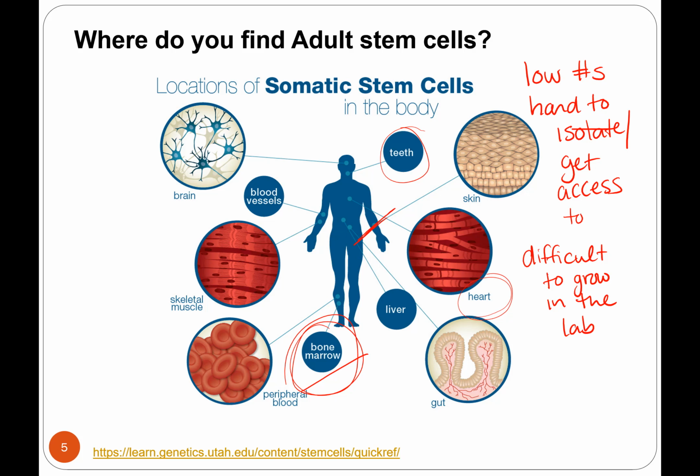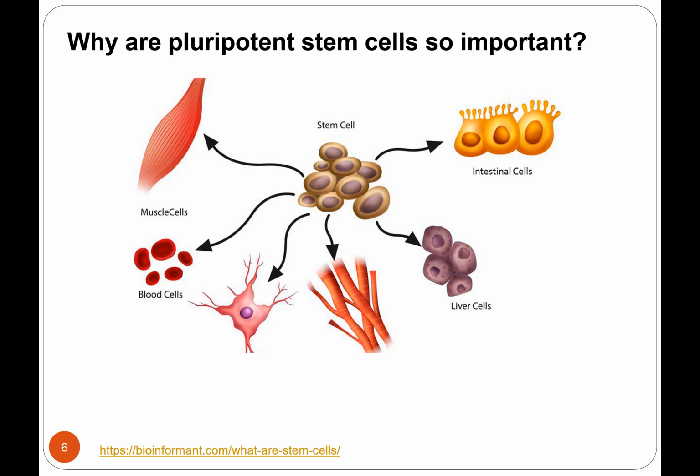Okay. And these are multipotent. So they can differentiate into some types of cells, but not all types of cells. Okay. So we have embryonic, we have adult, and I keep emphasizing that pluripotent are so important because they have the ability to diversify.